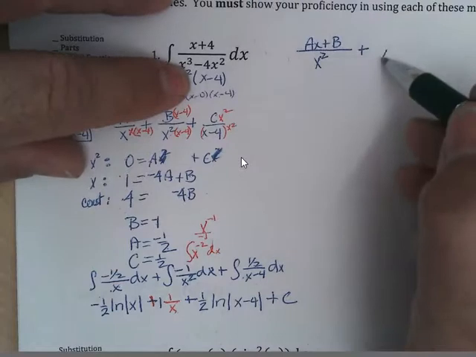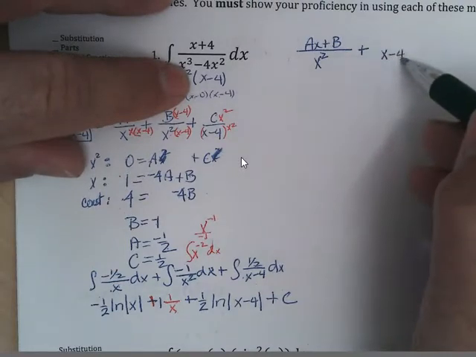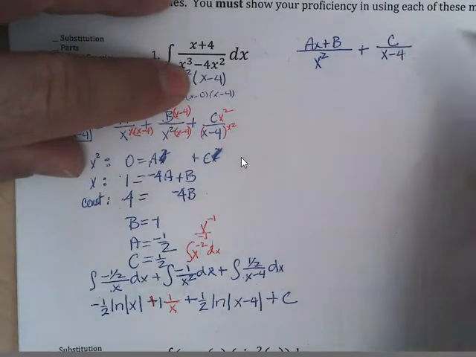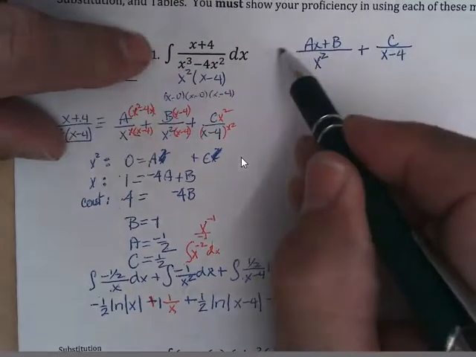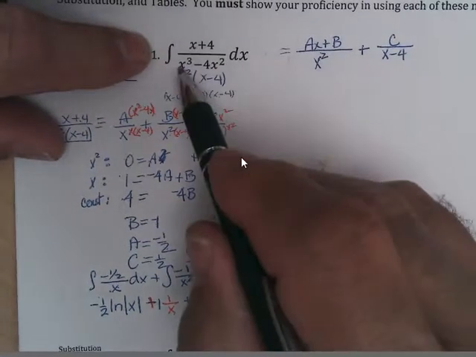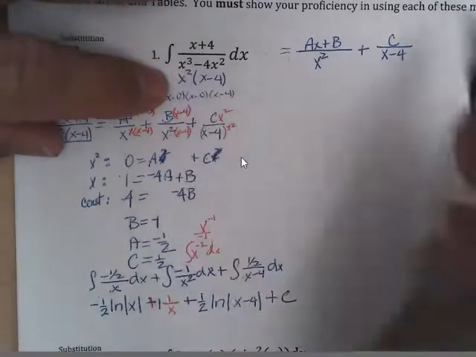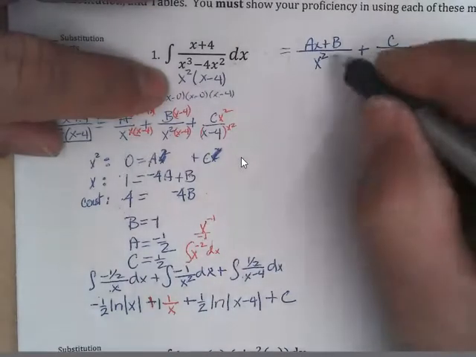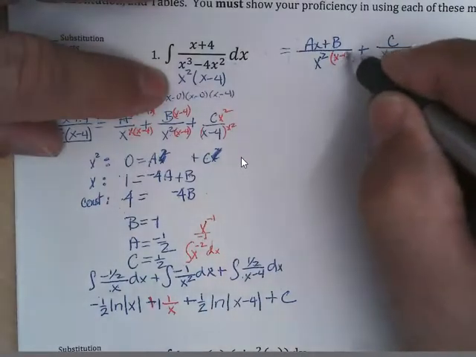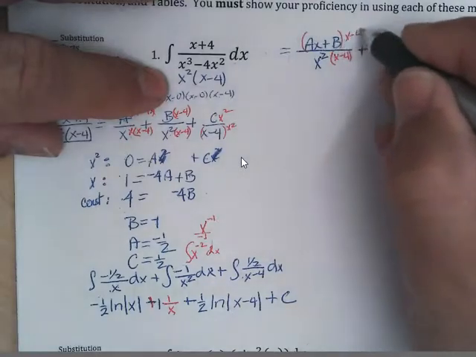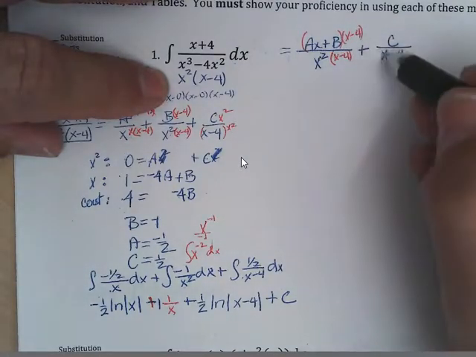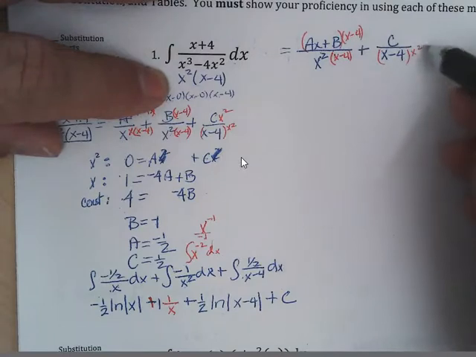And then we have a linear factor, x minus 4, which we'd put a constant over. And if this is going to be equal to x plus 4, and this is the common denominator, I need to multiply this one by x minus 4. And this one by x squared.